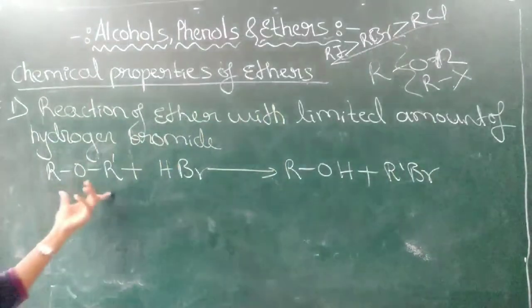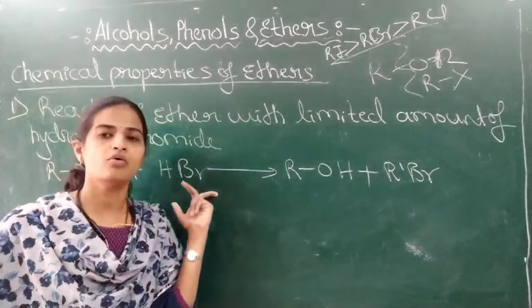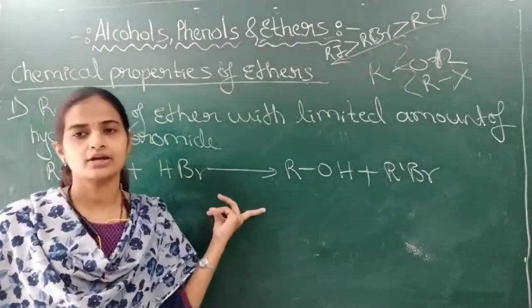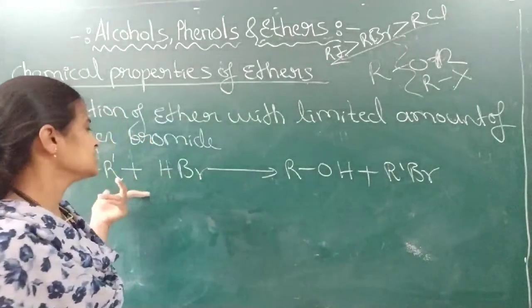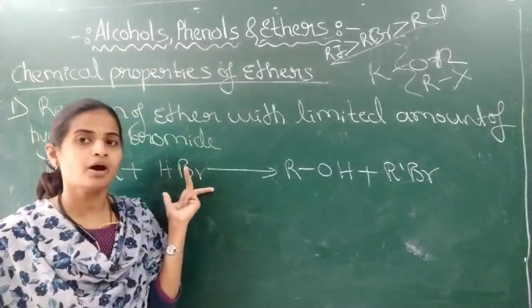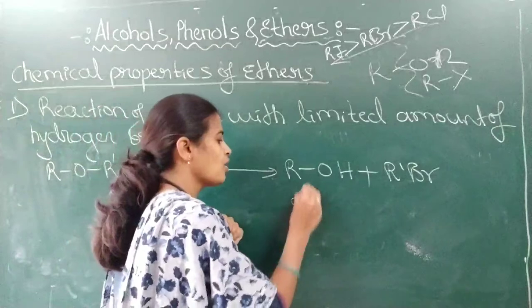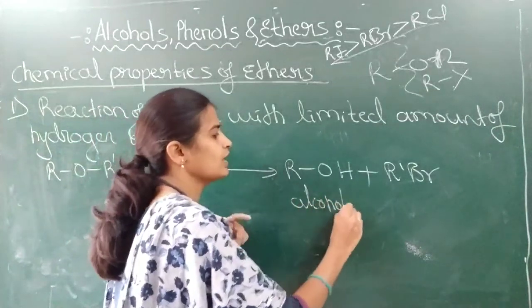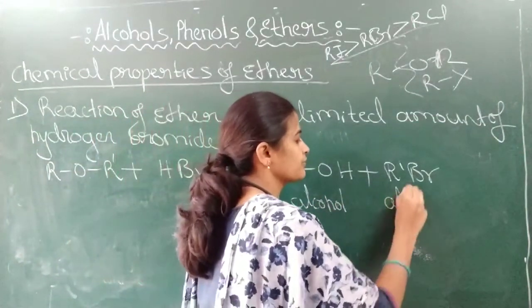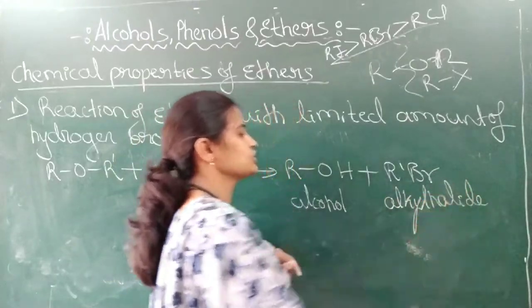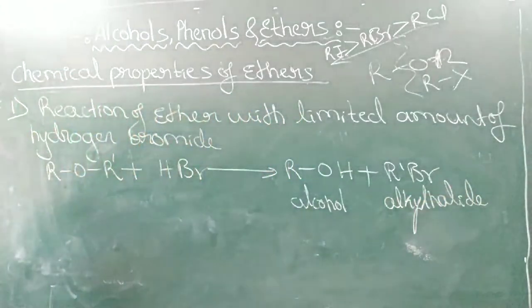When ethers are treated with a limited amount of hydrogen halide, a mixture of alcohol and alkyl halide is formed.